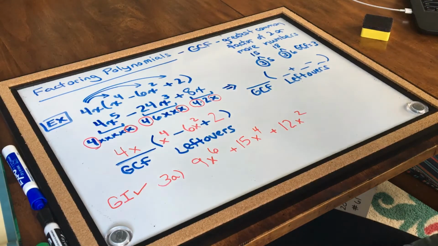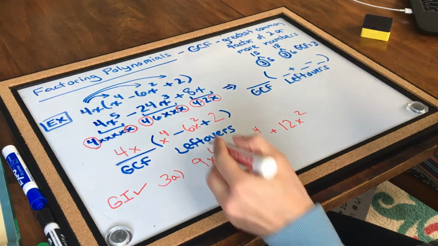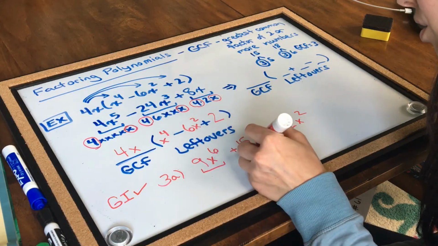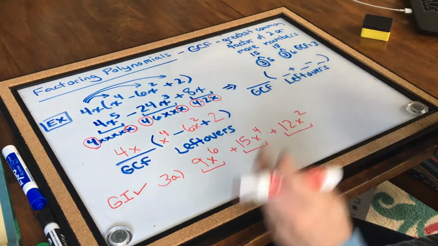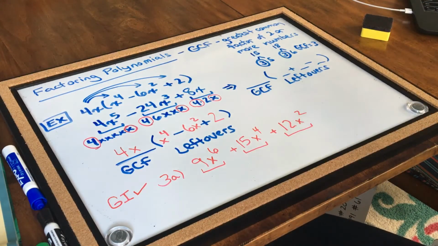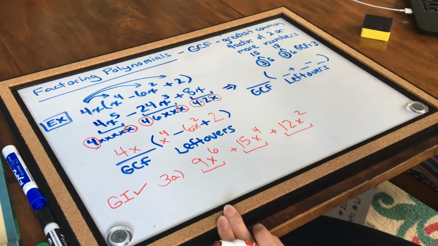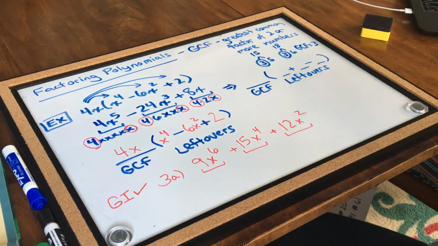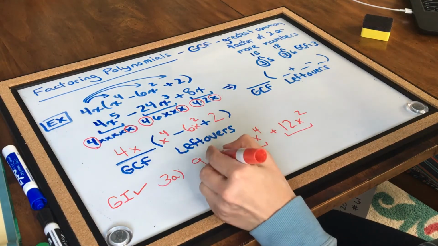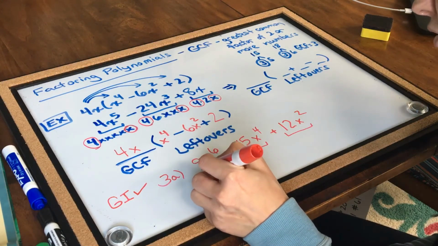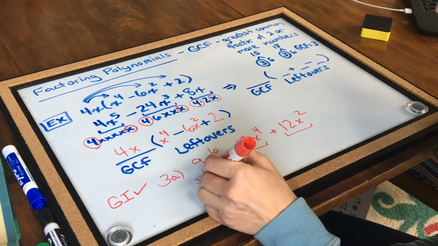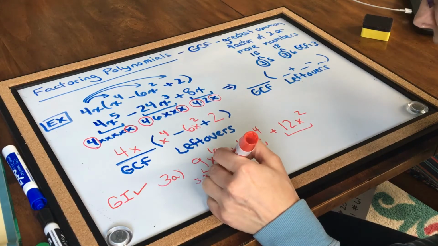Okay. Let's try factoring this guy out, okay? So I'm going to take a look at all my coefficients. As I look at all my coefficients, 9, 15, and 12, I can see that 3 is a common factor, so I'm going to start there. So 9 is 3 times 3, and then I have 6 x's: 1, 2, 3, 4, 5, 6.